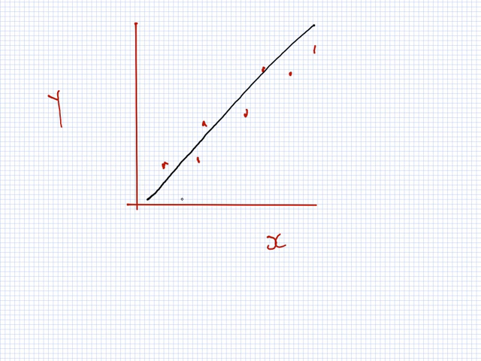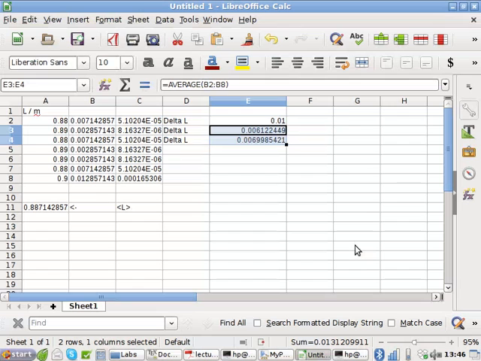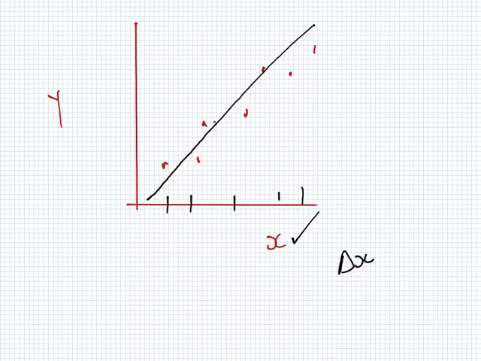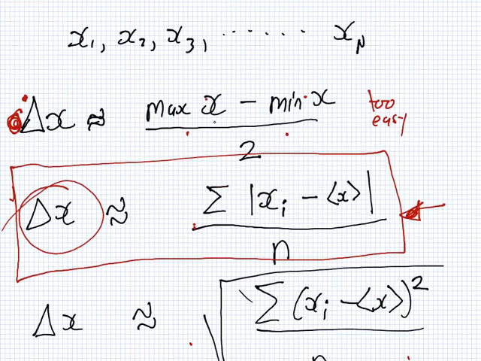So, let's say we have x, let's say we have y, and let's say we have our data like this. Now, we have our x data. Here it is here. 1, 2, 3, 4, 5. So if we know our x, we could know what our uncertainty of x is, because we could use this formula to calculate it.